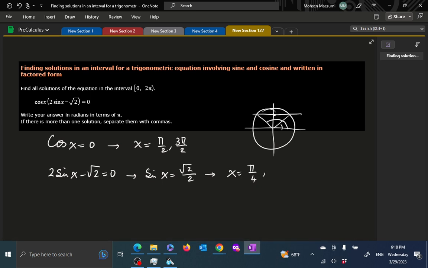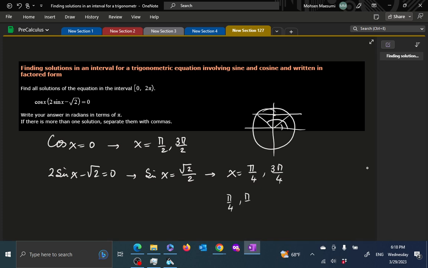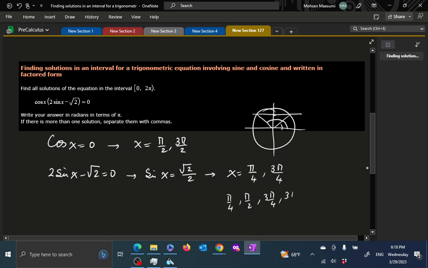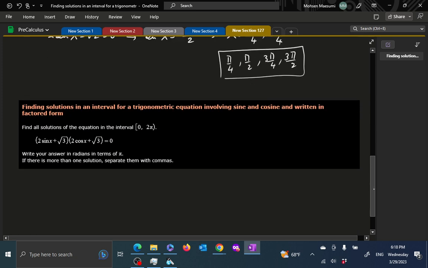These are the angles. Those should help your memory as to what the correct answers are. So you list all of them: pi over 4, pi over 2, 3 pi over 4, 3 pi over 2. Software doesn't care in which manner you order them, so long as you have all of them.